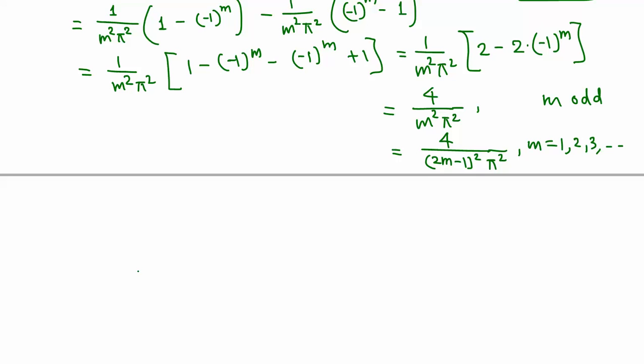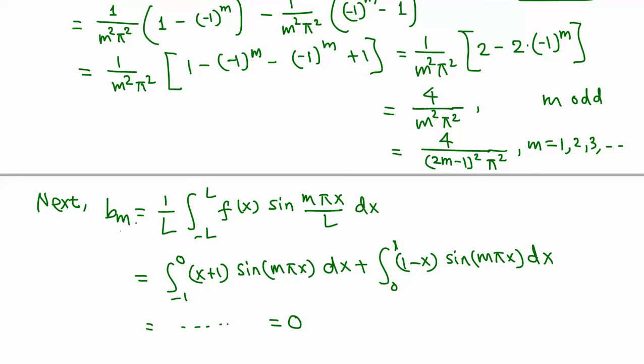In the same way, we find the b_m's. The b_m's are given by the following formula. The formula for b_m is 1 over L, where L is 1 in our case, and this function has 2 pieces. So for negative 1 to 0, this function is x plus 1, and this is 1 minus x on 0 to 1.